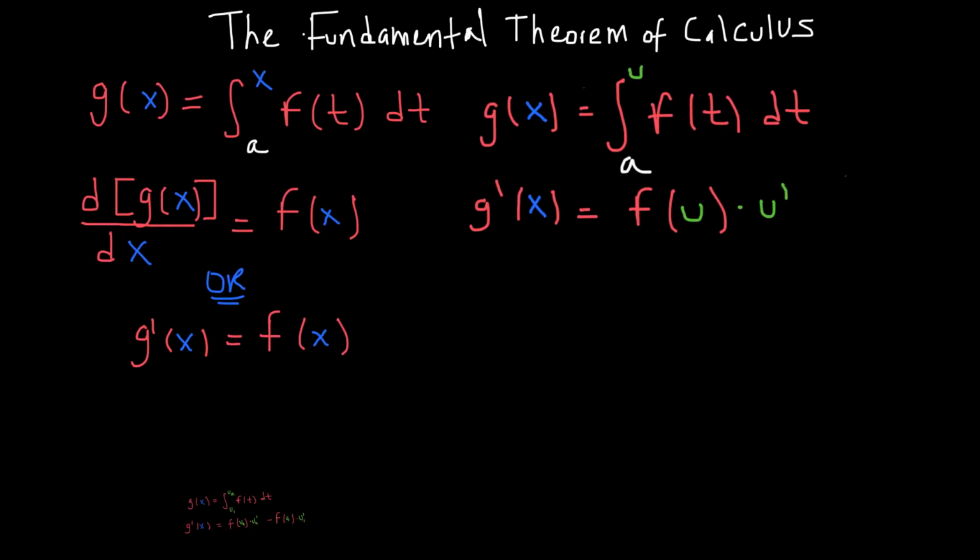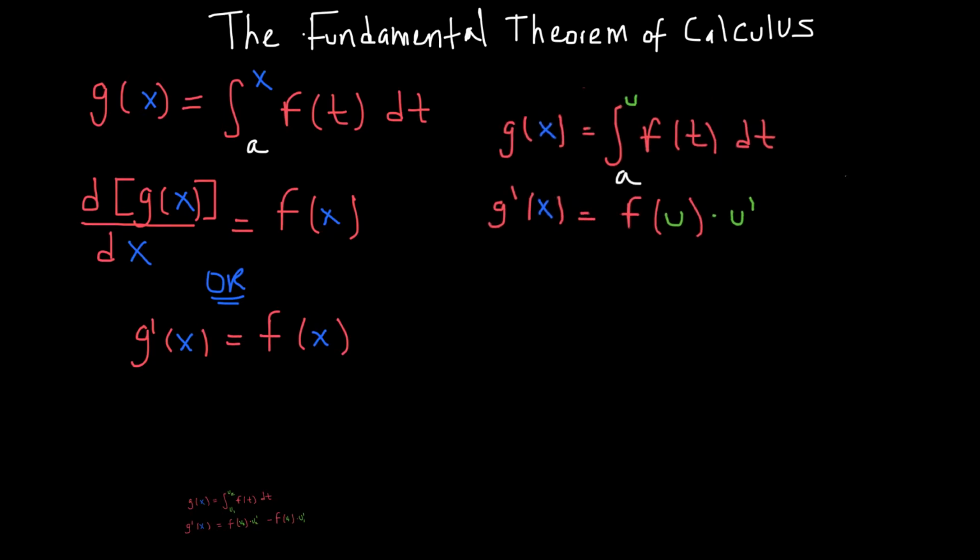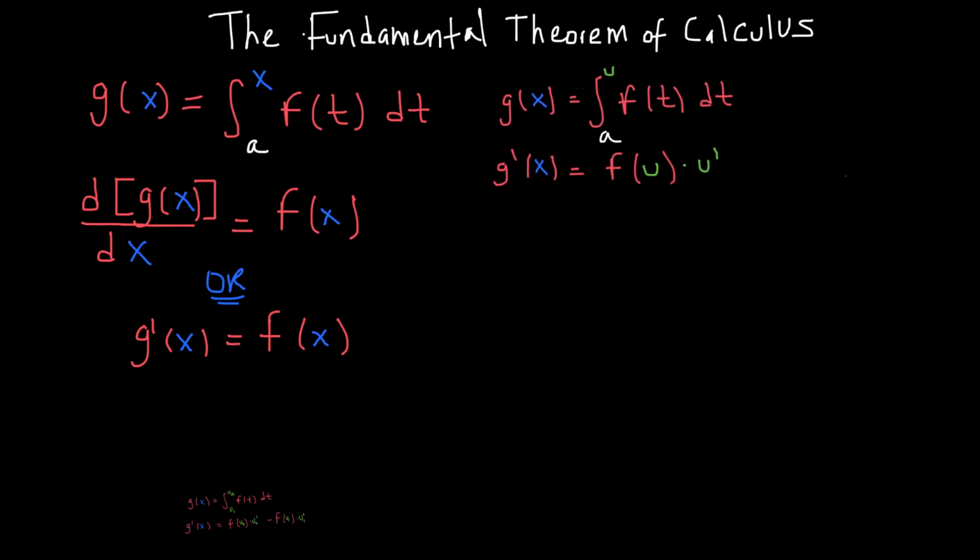And so you should memorize this part of the theorem just like you should memorize the original theorem. So this is a little variant of it. Now let's try an example of what I mean by this theorem.